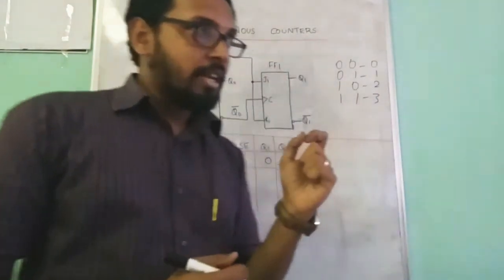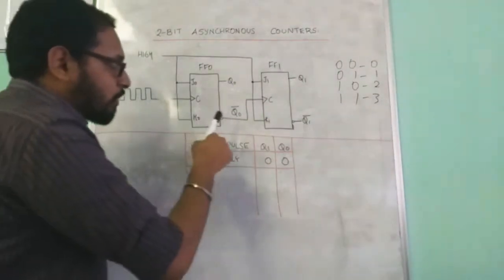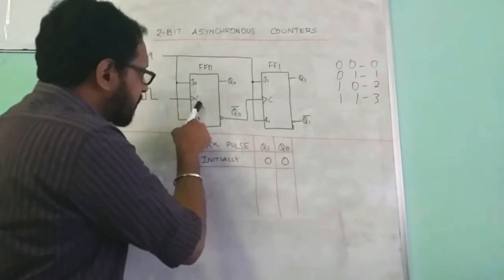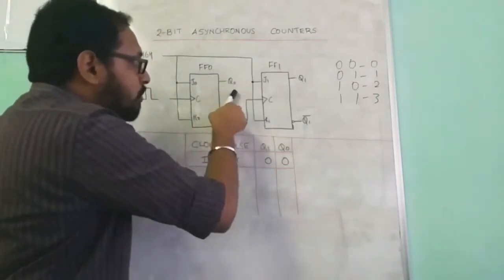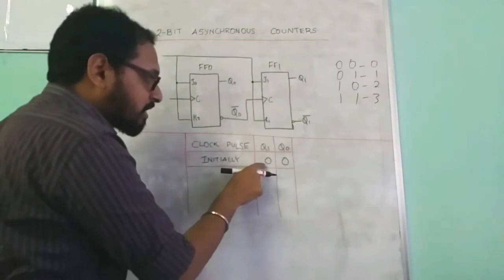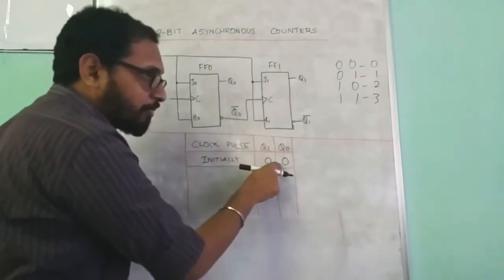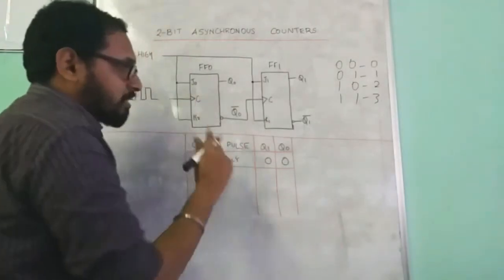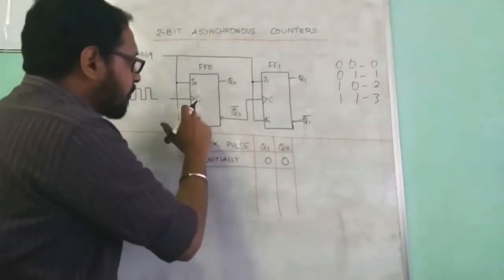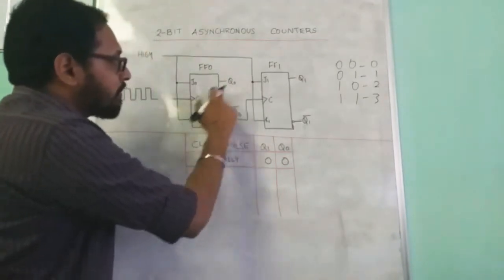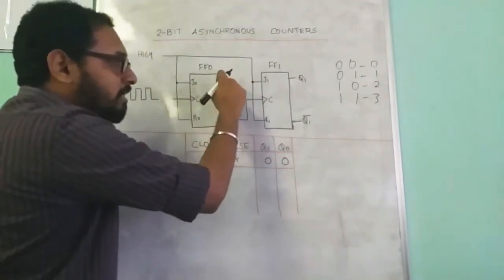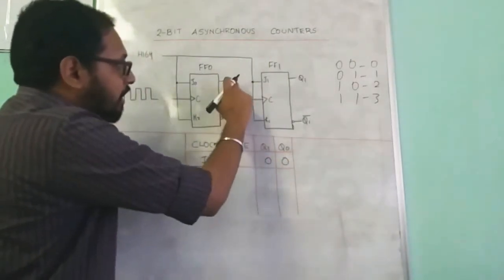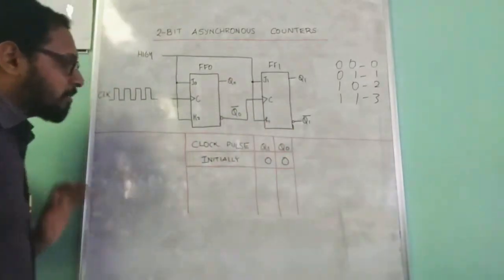When a positive edge reaches this particular flip flop, the value Q0 holds should be changed. That is, when a 1 reaches the clock, what was already there should be reversed. I will go for the example so that it will be clear to you.